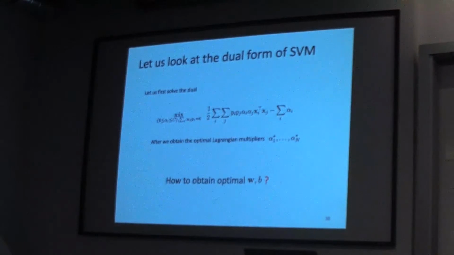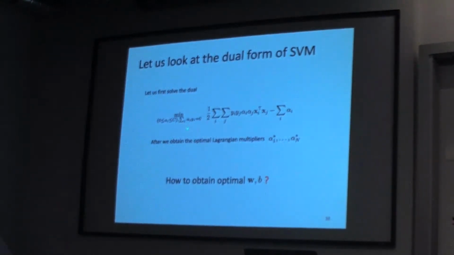But before we talk about the kernel trick, we need to first address an issue. In the dual form, after a bunch of simplification and derivation, we only need to obtain the optimal Lagrange multipliers alpha 1 star to alpha n star. Remember, for each example we have two Lagrange multipliers, one is alpha and one is beta.